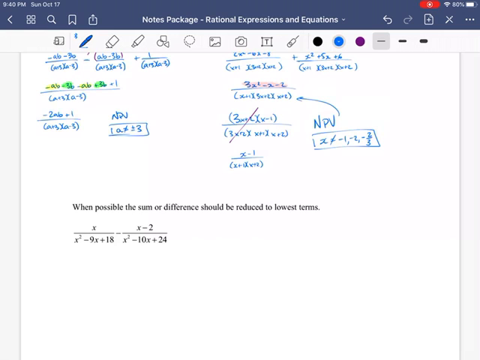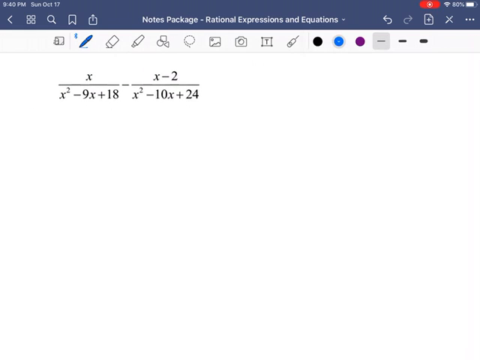When possible, the sum or difference should be reduced to lowest terms. Okie dokie. So first of all, let's factor these denominators to see what we're working with. And the left side here will become x minus 6 and x minus 3. And the right side will become x minus 6, x minus 4.